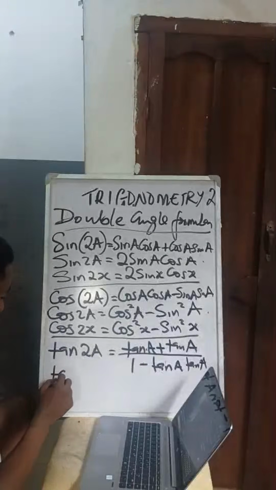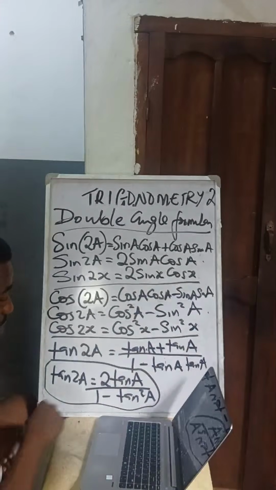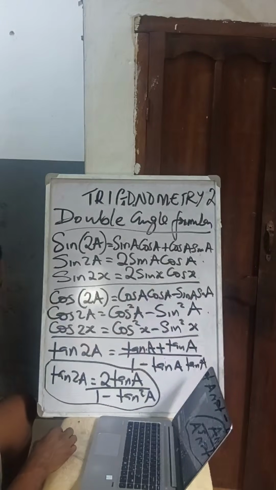So we have tan 2A. All right. Double angle formula.